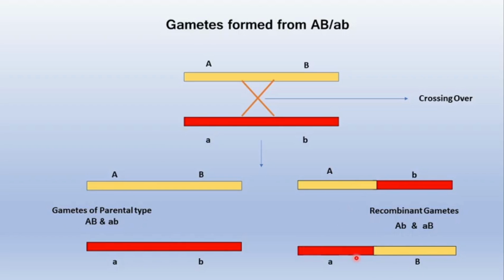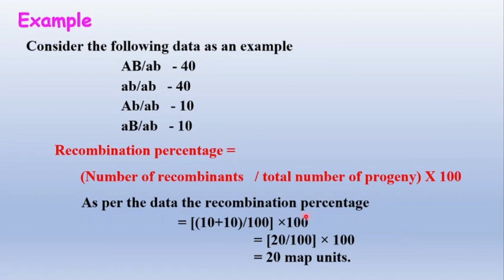Generally, the recombination percentage is due to the presence of recombinants in the progeny only. Those recombinants in the progeny are obtained only due to these recombinant gametes. So, consider this example for the calculation of genetic map.